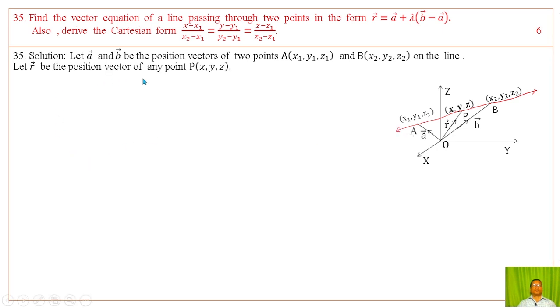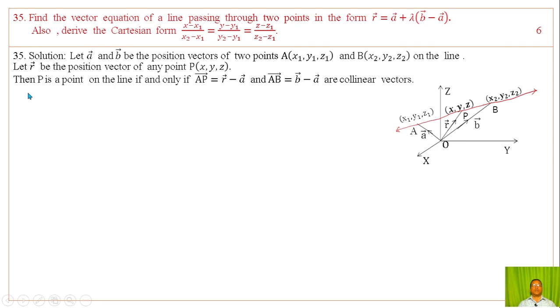Let R be the position vector of any point P whose coordinates are taken as x, y, z. Then P is a point on the line if and only if AP vector equal to R minus A vector and AB vector equal to B minus A vector are collinear vectors.